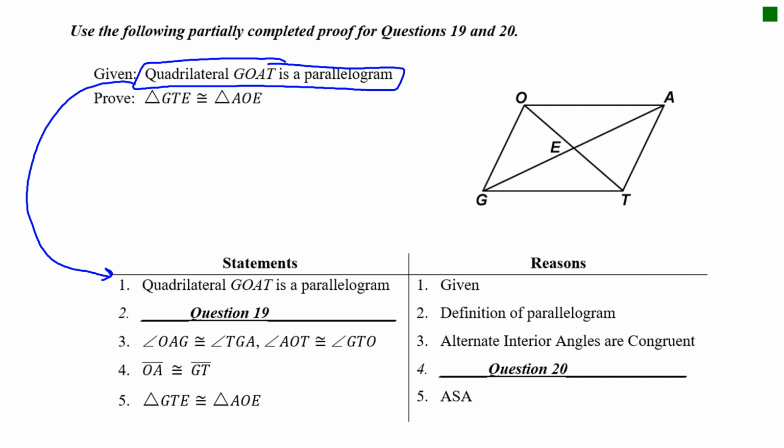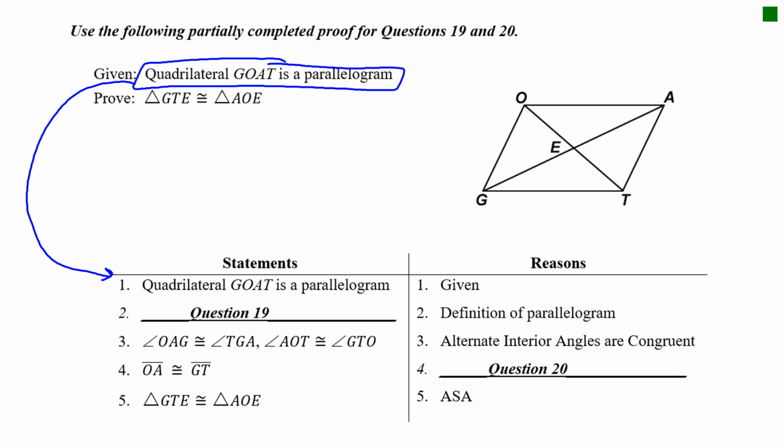Now, you'll notice in statement 2 there's a blank, and it says that's the answer for question 19. The reason that goes with it is definition of parallelogram. If you look back through your notes at the properties of parallelograms, I believe it was property A, which said that opposite sides of a parallelogram are parallel, hence the name parallelogram.